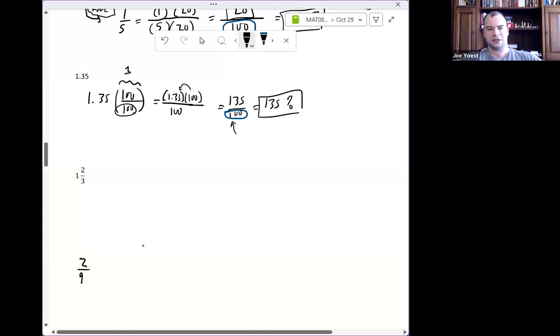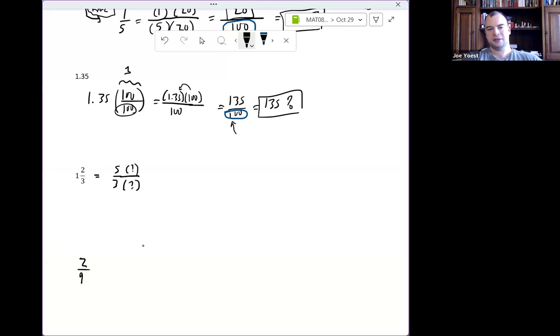If I try to use an equivalent fraction form, so what does this give me? 5/3. Can I multiply by something on the bottom to get 100? Well, this doesn't work out so nicely, right? It's hard for me to find an equivalent fraction that has a denominator of 100.